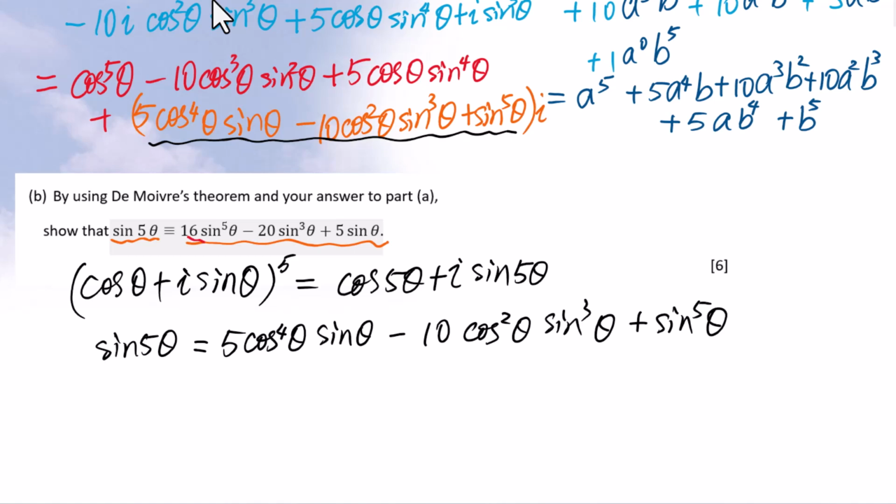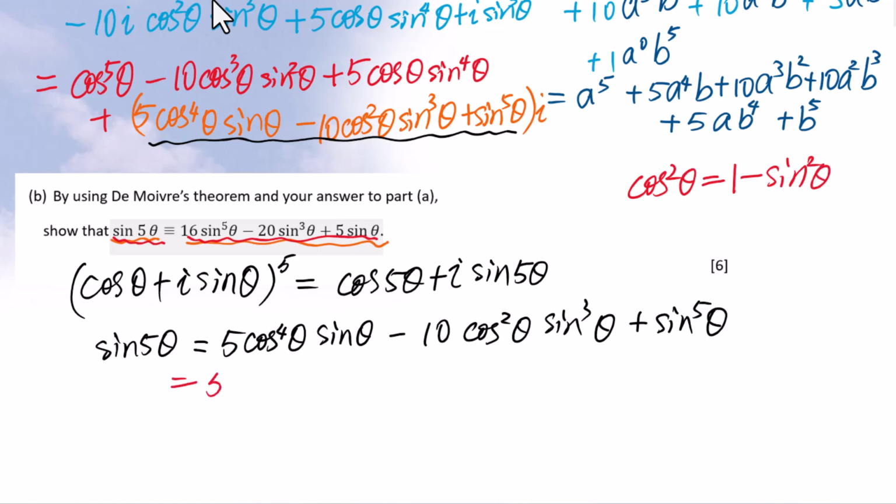Check: we don't have cos θ in this sin 5θ expression, so we need to change all the cosines into sine. We do know cos^2 θ equals 1 minus sin^2 θ.